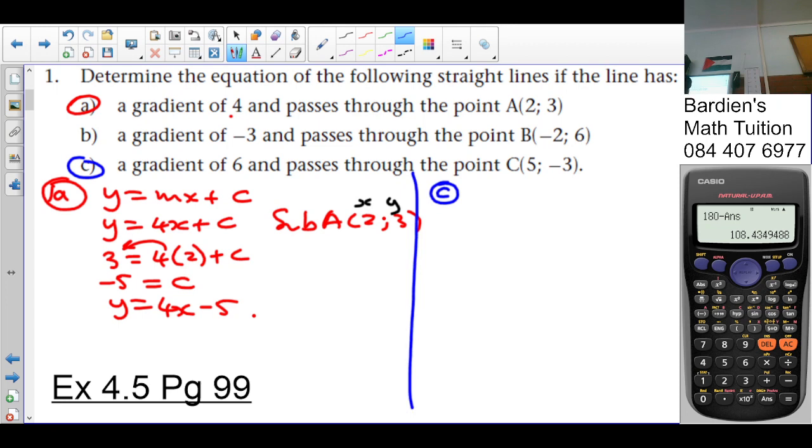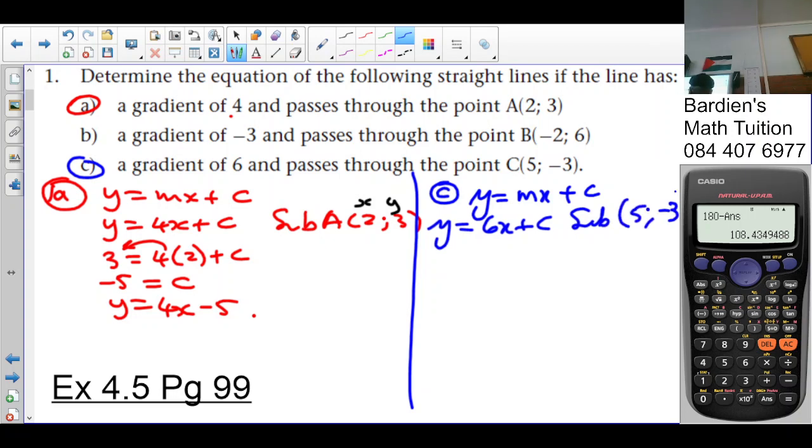C, we are given the gradient of a line is 6 and passes through C. Again, it's in the form of y is equal to mx plus c. So your gradient is 6. So y is equal to 6x plus c. I'll substitute the point lying on this graph, which is C, which is 5 and negative 3. Again, that's an x and a y. So negative 3 is equal to 6 times 5 plus c.